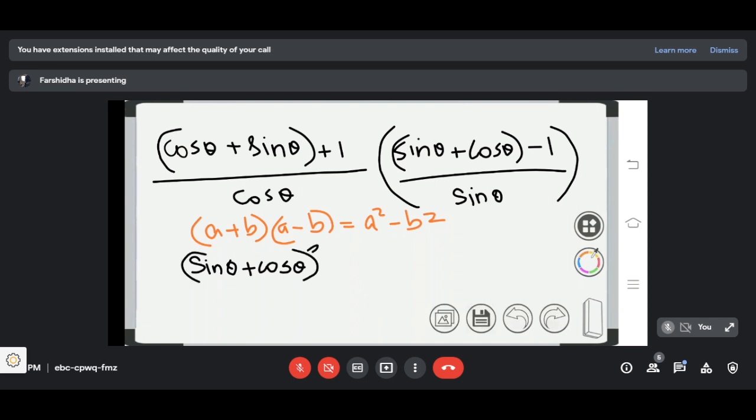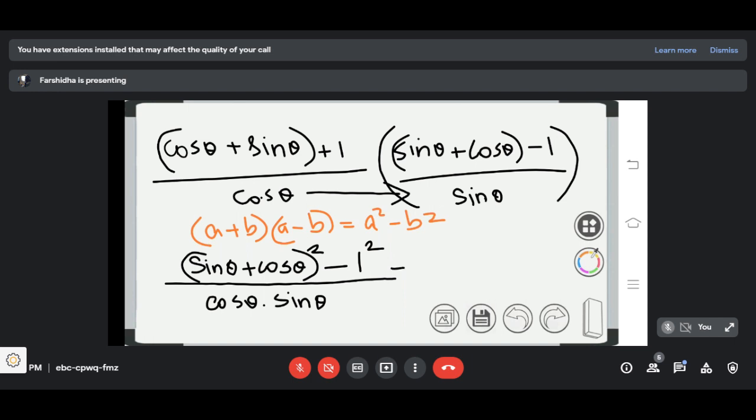So A square minus B square, B is 1, so 1 square divided by, we need to multiply the two denominators, cos theta into sine theta. So you got sine theta plus cos theta whole square minus 1 square divided by cos theta into sine theta.